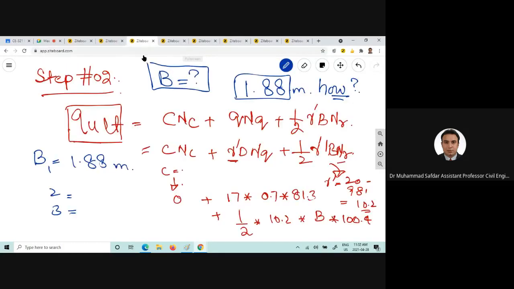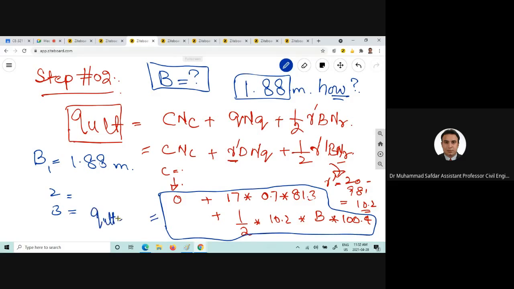Now you can use here in this equation, this one. Compare this equation with the Q ultimate, and that is 2400 divided by B. Now you can solve that for B, and I need 3 values for B. For example, we got 1.88 meter for the first width of the footing.